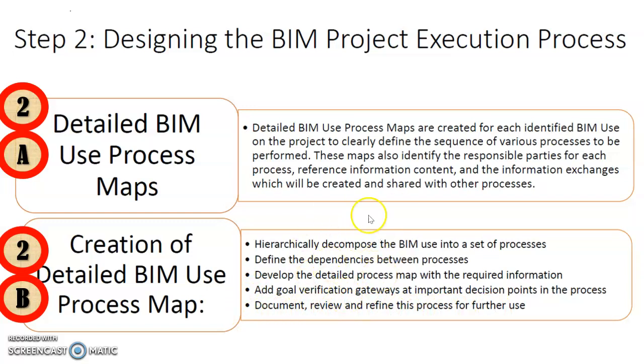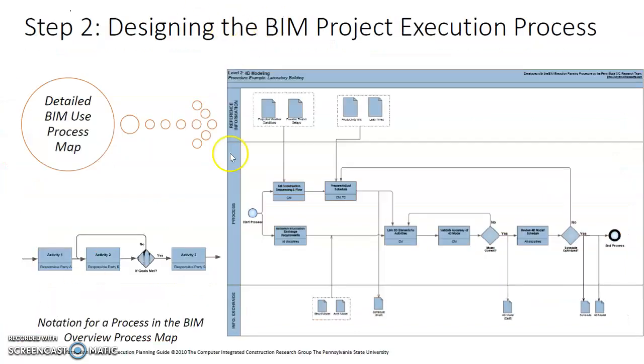So in the next slide, I'll show you an example using the BIM use case of the 4D BIM model. Okay, so let's say you want to create a detailed BIM use process map for 4D modeling, which means you want to have a BIM model that allows 4D modeling.